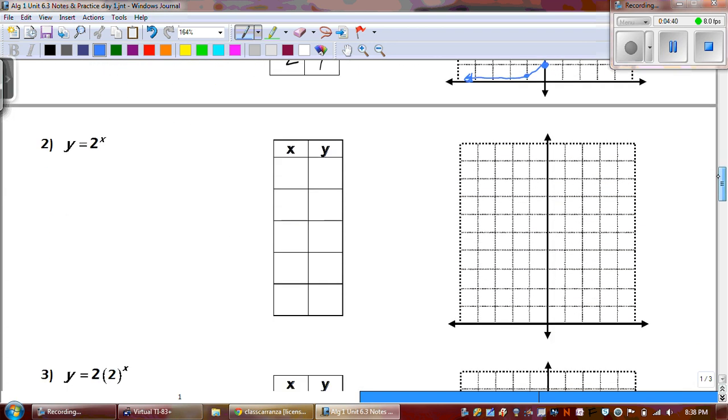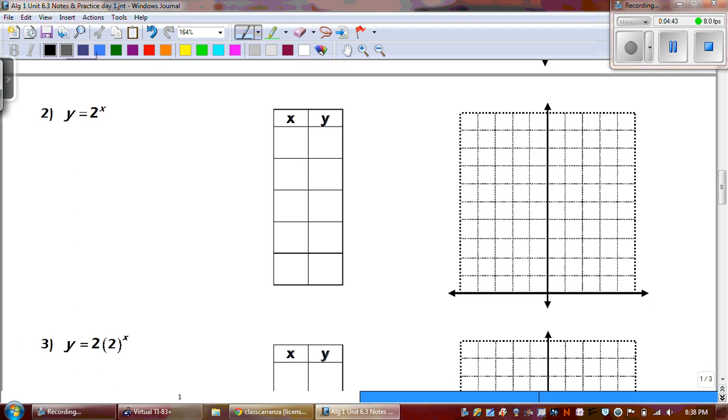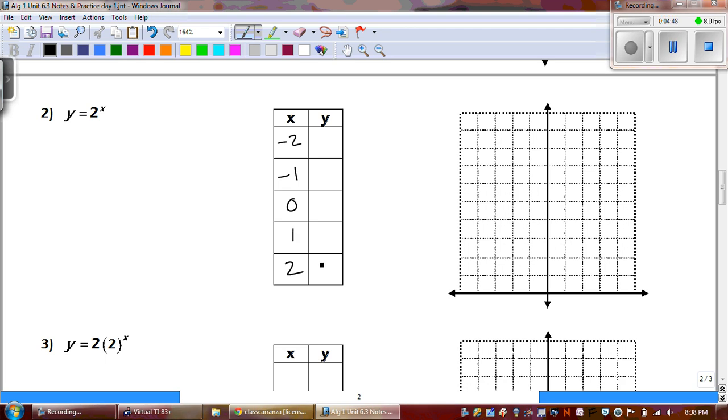Let's go ahead and flip it over. Remember, we always use the same numbers: -2, -1, 0, 1, and 2. So y equals 2 to the -2. y equals 2 to the negative 1. y equals 2 to the 0 power. y equals 2 to the first power. y equals 2 to the second power.